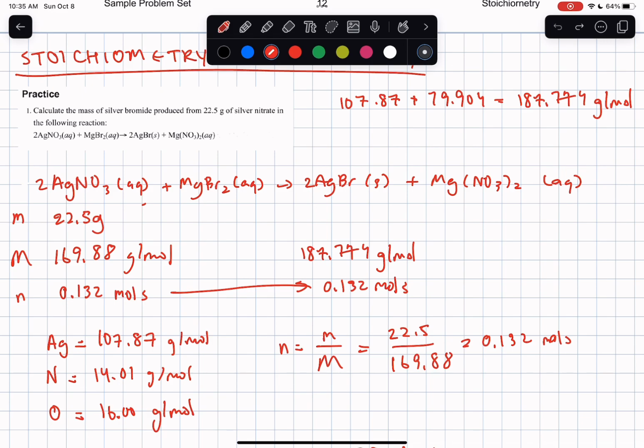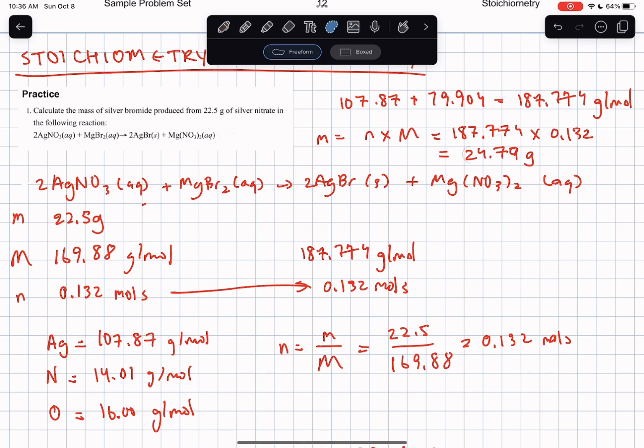Now using this equation down here, we can rewrite it so it becomes mass equals moles times molar mass. So you do 187.774 times 0.132, and you get about 24.779 grams.